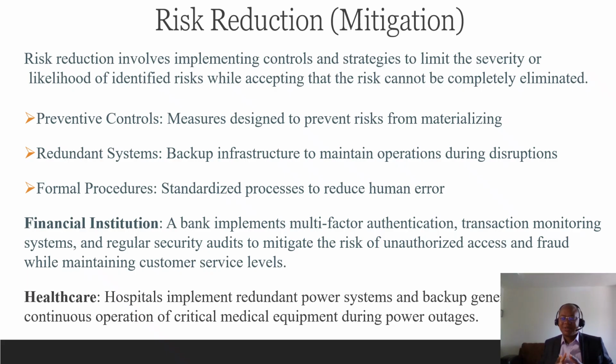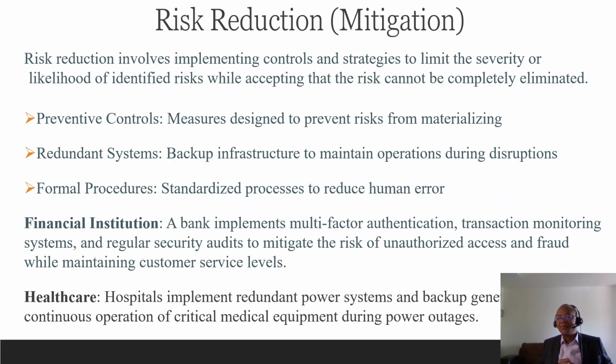So here are some examples. Financial institution: a bank implements multi-factor authentication, transaction monitoring systems, and regular security audits to mitigate the risk of unauthorized access and fraud while maintaining customer service levels.